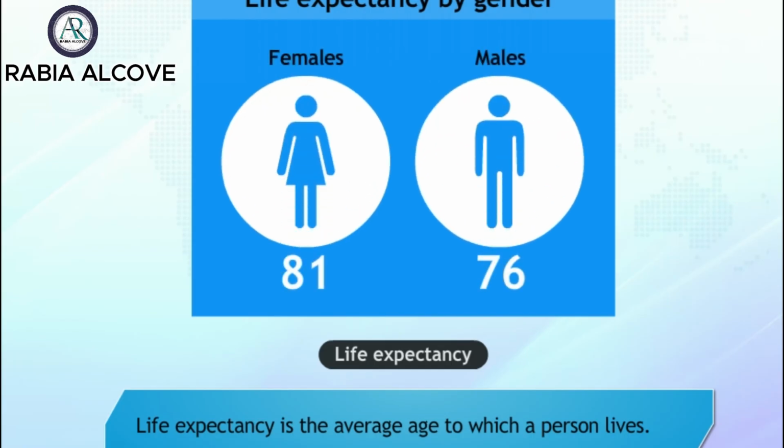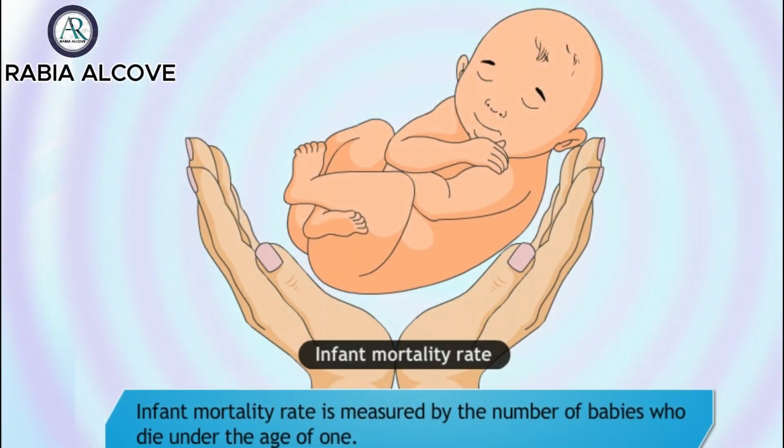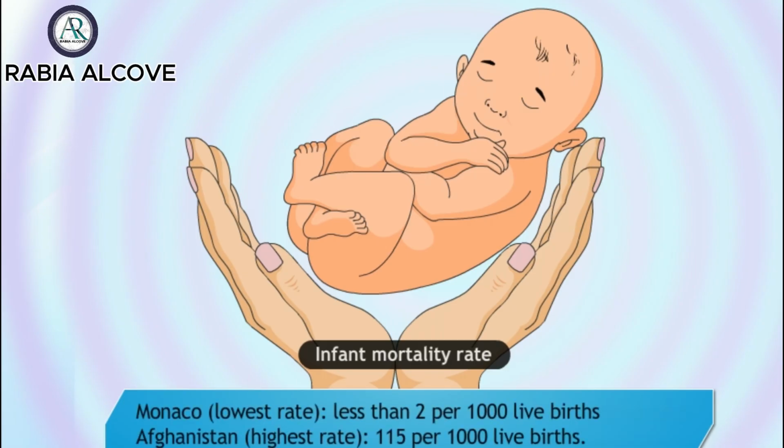Developed countries have higher life expectancy, often because they have better quality of life and access to better health care. Infant mortality rate is measured by the number of babies who die under the age of 1. Monaco has the lowest rate, less than 2 per 1,000 live births. Afghanistan has the highest infant mortality rate, with 115 per 1,000 live births.